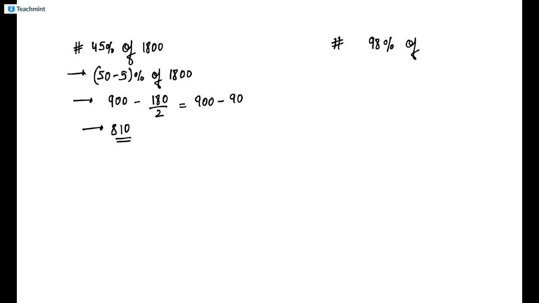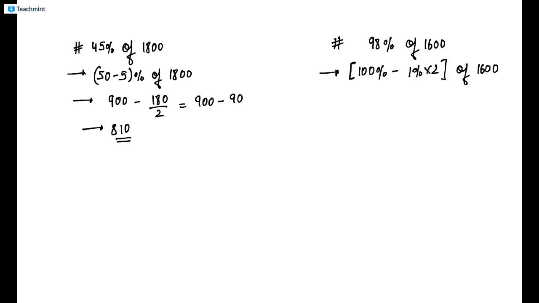98% of 1600. What will you do? You will just do 100% minus 2%. But you have to do this in your mind, right? I'm just writing to make you understand. You have to develop so much practice that you do these things in your mind. 100% minus 1% into 2, of 1600.